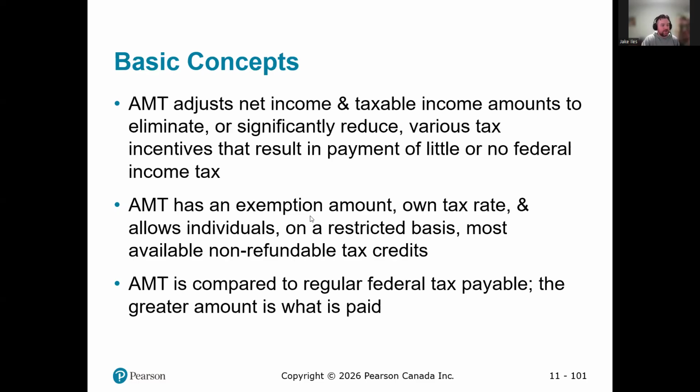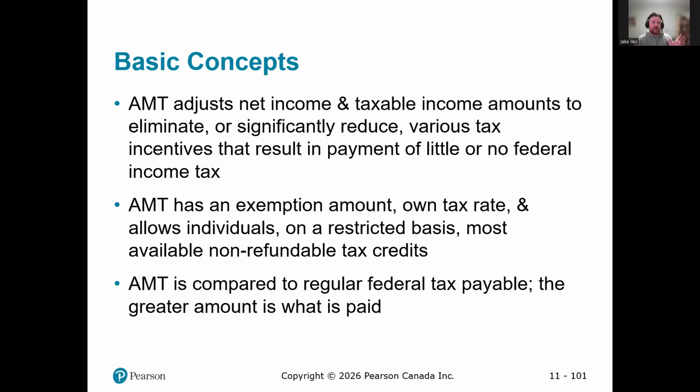AMT has an exemption amount, its own tax rate, and allows individuals, on a restricted basis, most available non-refundable tax credits. What it means is that AMT has an exemption amount, which is a certain amount of income that AMT really won't apply to. The exemption amount is the threshold, I believe, of the fourth tax bracket.